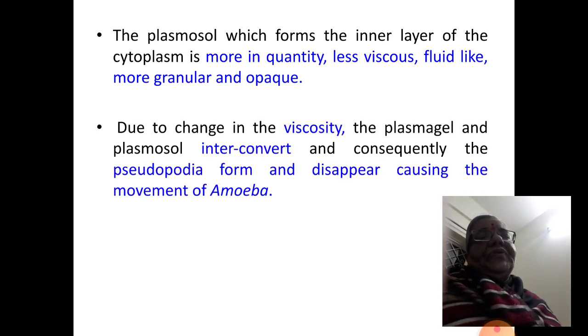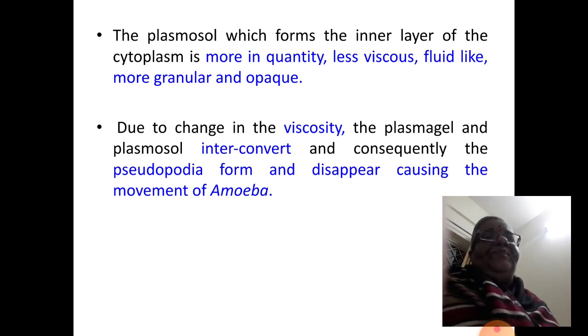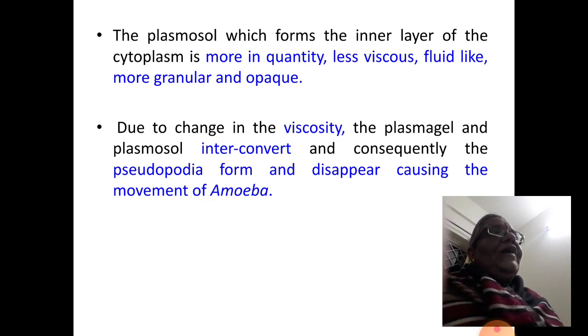Then, due to change in viscosity, plasma gel and plasma sol interconvert, and consequently pseudopodia form and disappear, causing the movement of amoeba. Let me explain this in detail a little later. You have to understand that there is plasma gel outside, plasma sol inside.